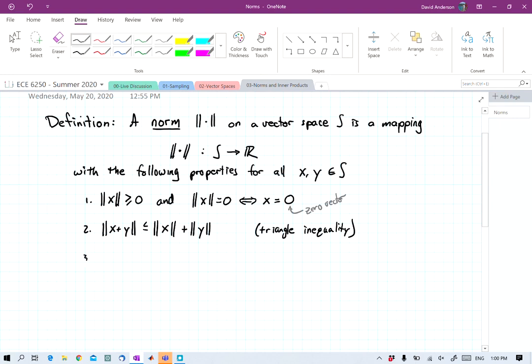Now, just a heads up, we're going to be talking about inner product spaces next, and inner products. And inner products have some similar properties, but there are some subtle differences. So it pays to pay attention to whether we're talking about just a norm or an inner product induced norm, like we'll be talking about later.